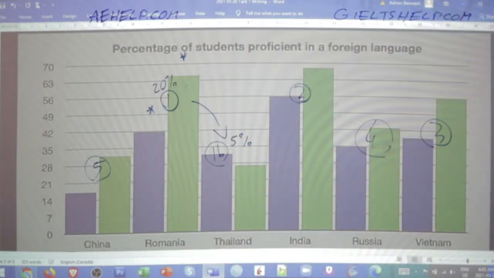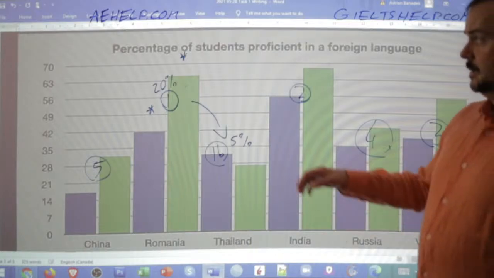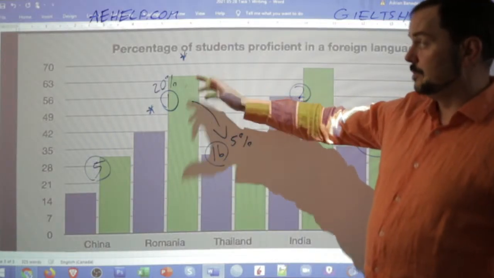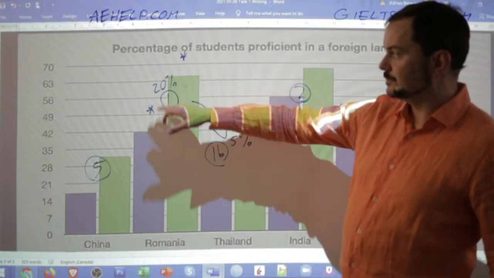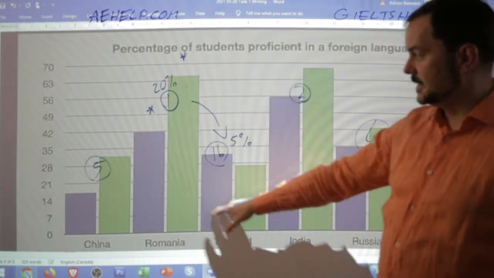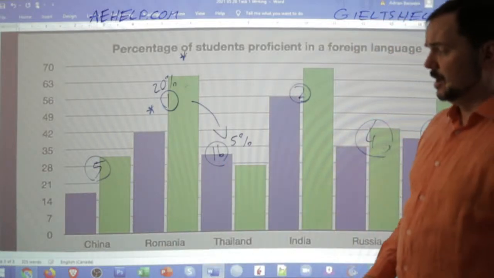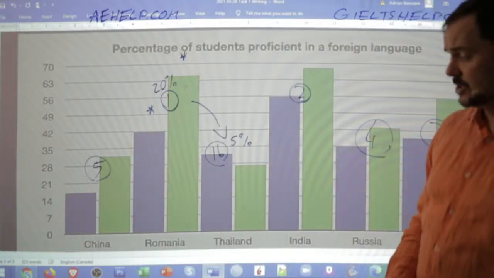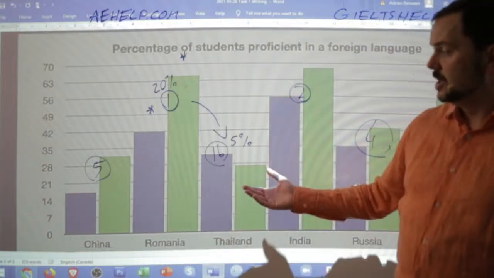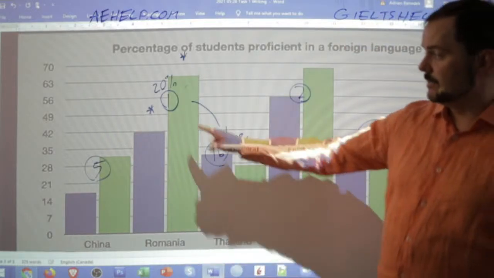All right, so let's do this. Go ahead, members, and interpret, expose, explain this piece of information here between Romania and Thailand, okay? And it's probably not by accident that whoever made this graph, they actually put Romania and Thailand next to each other. For those people who are quick and clever, they can kind of see that.